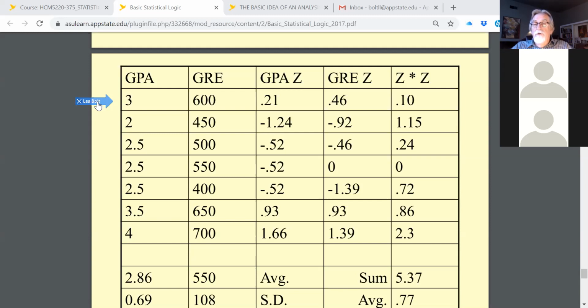And so we have a perfect symmetrical scale made up of z-scores. So it doesn't matter what the raw score might be. Once we convert it to z's, they're all on the same scale.